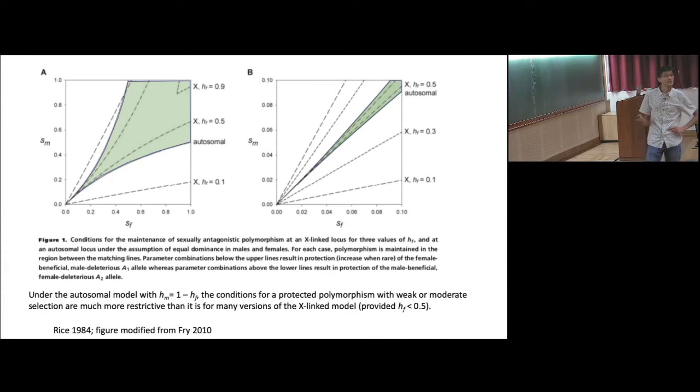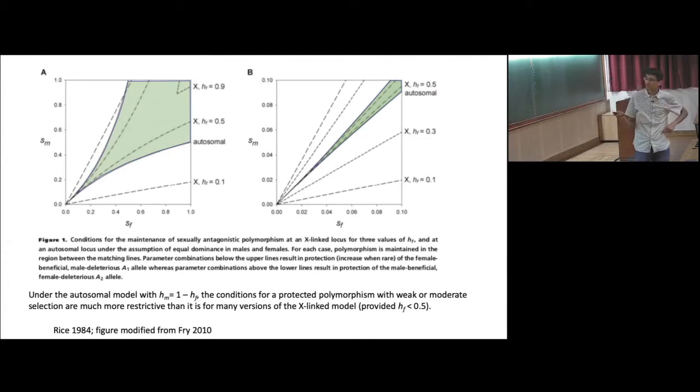And so that led to the prediction that you would expect to find much more of this sexually antagonistic variation segregating in populations would be located on the X chromosome rather than the autosomes, because it's so much easier for you to fall into the right part of parameter space.